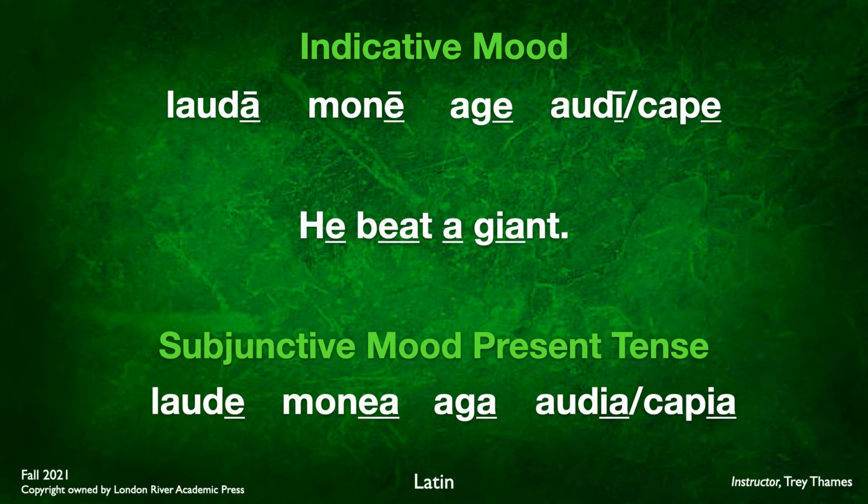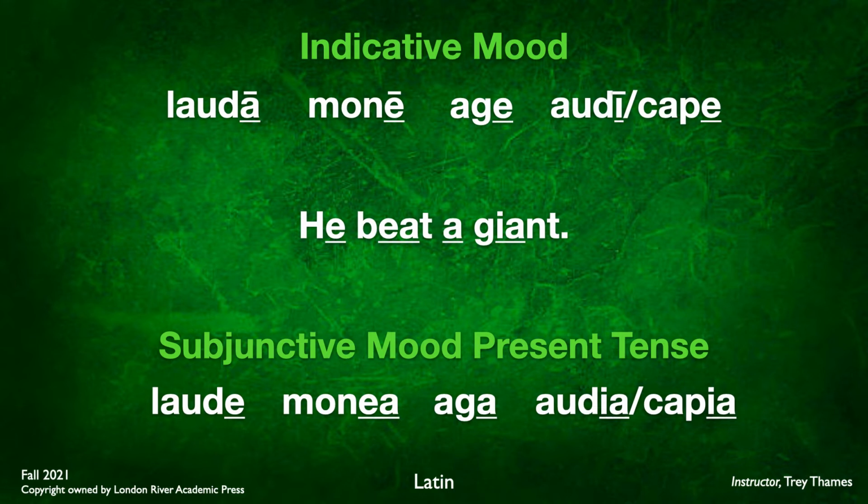Third conjugation verbs, shown here with ago, is going to shift from an E to an A. So we end up with aga. And then for fourth and third io, we're going to go from a long I or an E here to an IA, as in the word "giant." So we end up with audia and capia. These are our vowel shifts in order to form the subjunctive present tense.